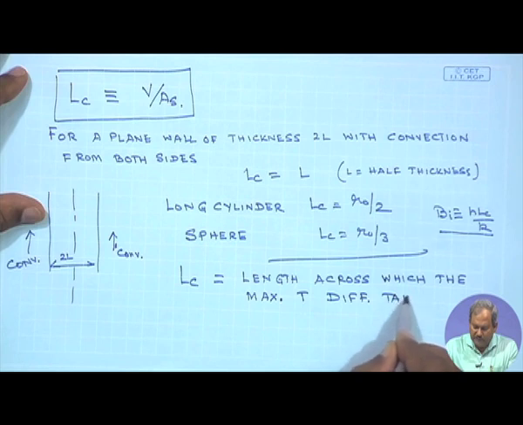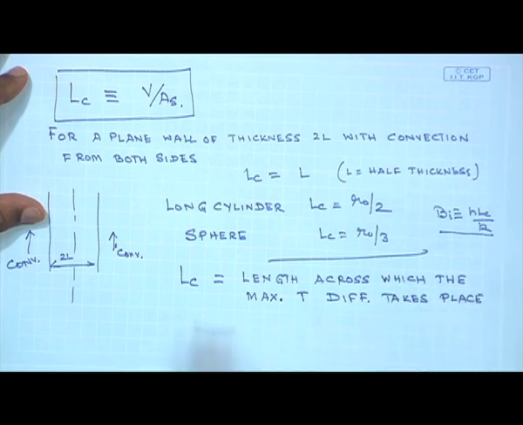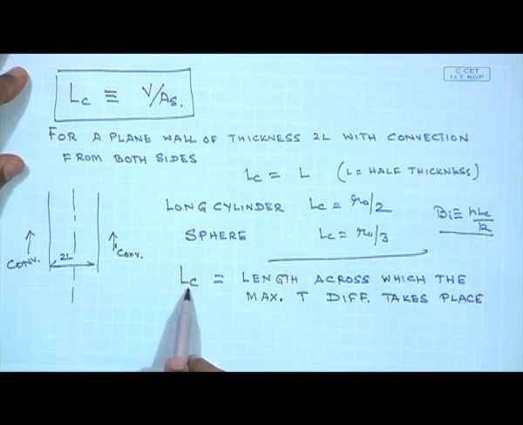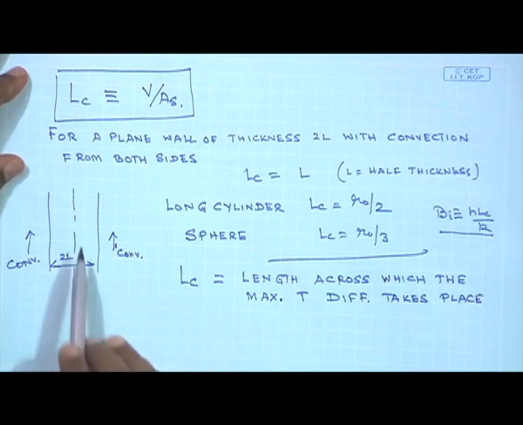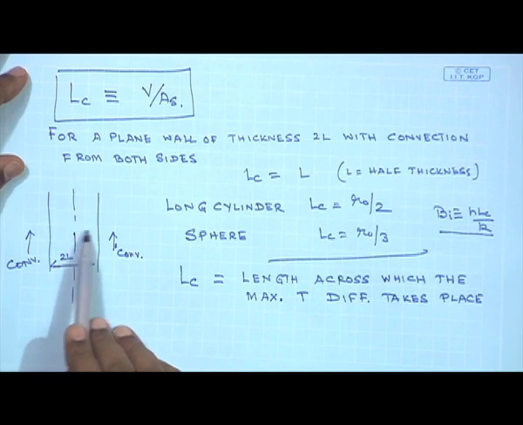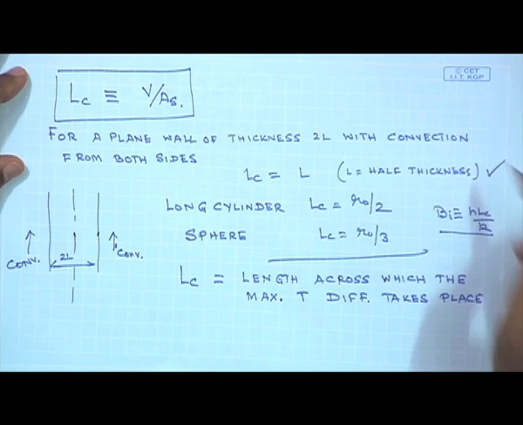So, this is a conservative estimate of the characteristic length. You can see the maximum temperature difference takes place over L, and therefore this is correct.